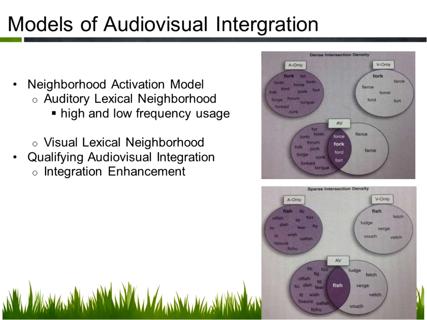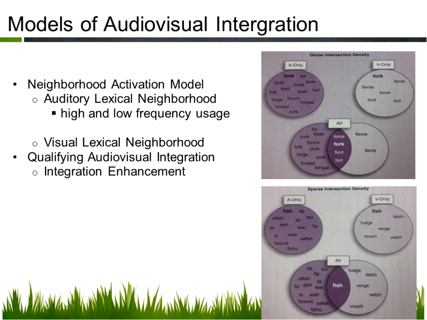And so it's easy, even in a dense neighborhood with lots of words, I at least have got a 1 out of 4 chance of getting it right. In a sparse neighborhood, not many words. Auditory only, visual only, put them together, and there's only 1 word that's in both neighborhoods, and that word is fish. So it makes a difference how many words are in the neighborhoods.